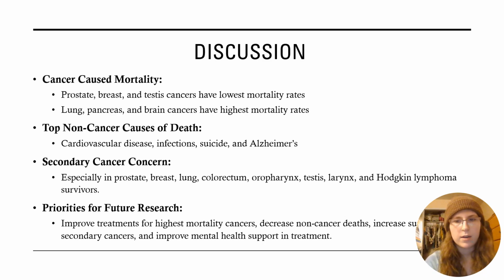And then increasing surveillance for the secondary cancers as well, especially for the cancers I mentioned prior. And then improving mental health support in treatment and following treatment so we can decrease the amount of deaths from suicide or self-inflicted injury as well.